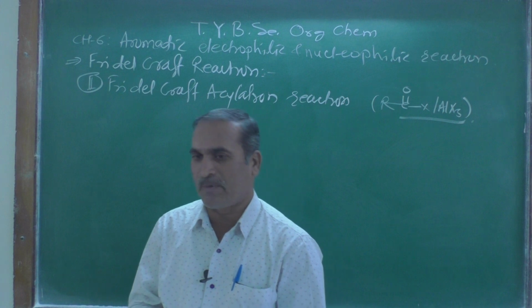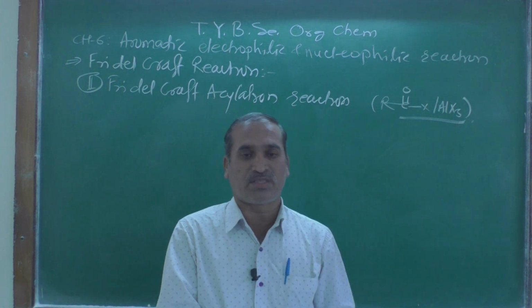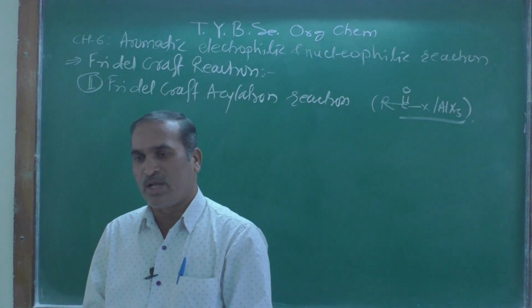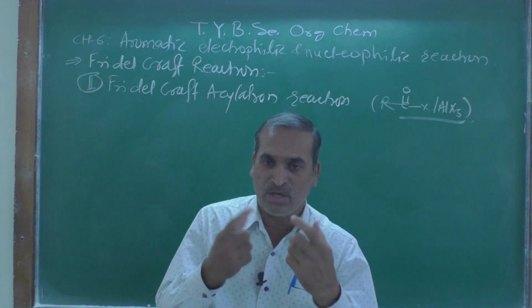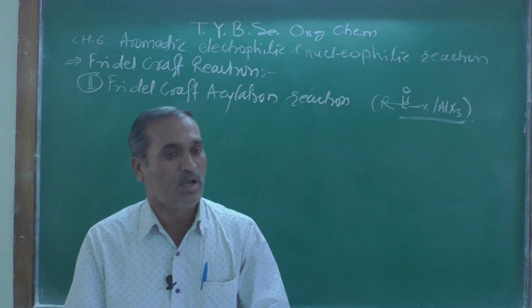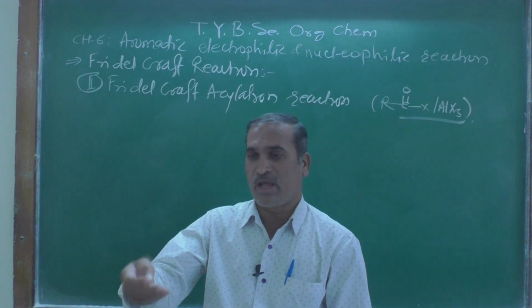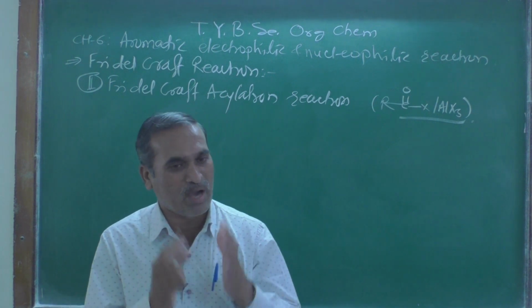What is the role played by the Lewis acid in this aromatic electrophilic substitution reaction? The Lewis acid generates the electrophile, and once the electrophile is generated, it can attack the benzene nucleus, forming the intermediate known as the arenium ion, or the sigma complex.